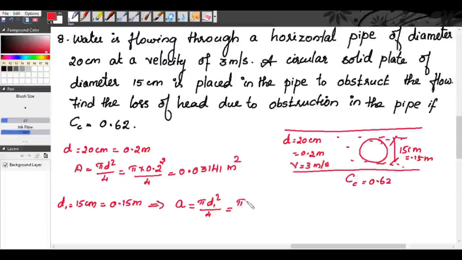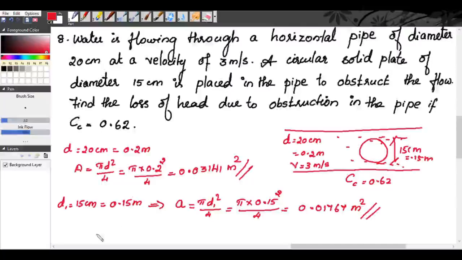So pi into 0.15 square by 4. So area of obstruction is equal to 0.01767 meter square. Always remember this area of obstruction is always less than the area of the pipe.